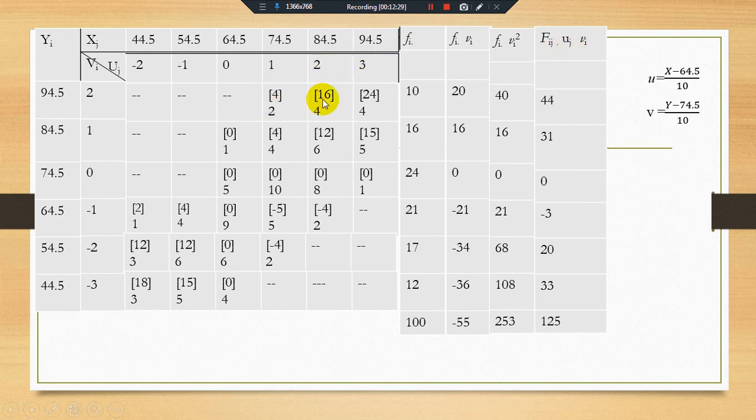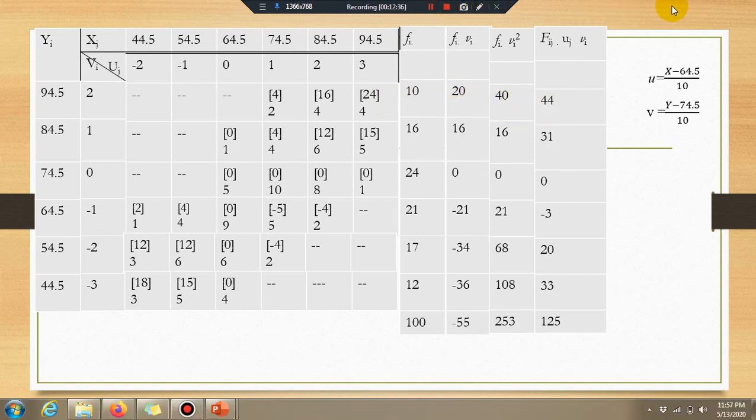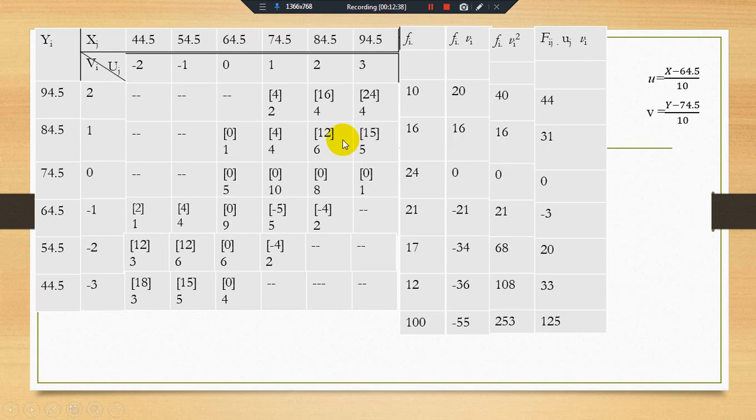So 4, 16 and 24, we get 44. Okay, next we have 4, 12, 15 and 0, and we get 31. 0, 0, we get 0. 2, 4, 0, minus 5, minus 4, we get minus 3. 12, 12, 0, minus 4, we get 20.